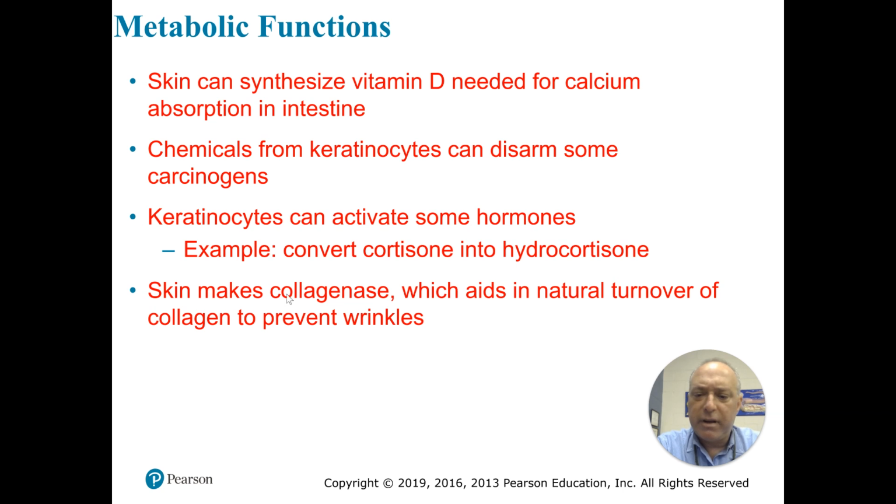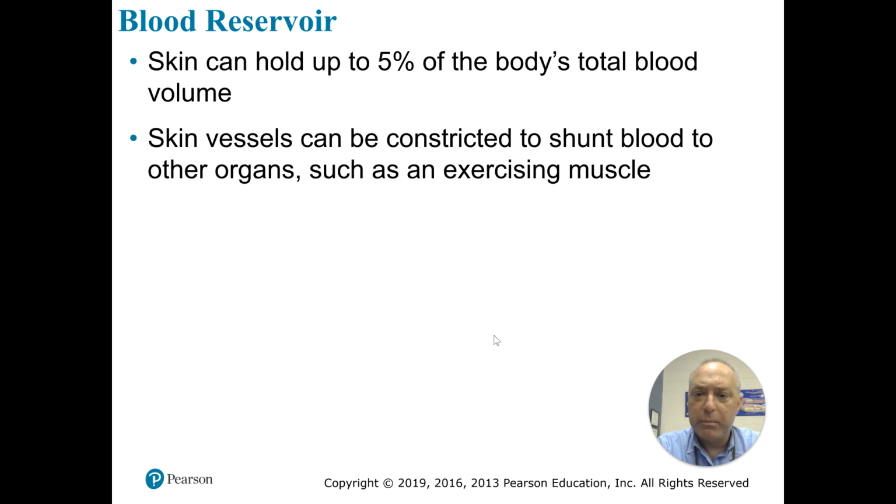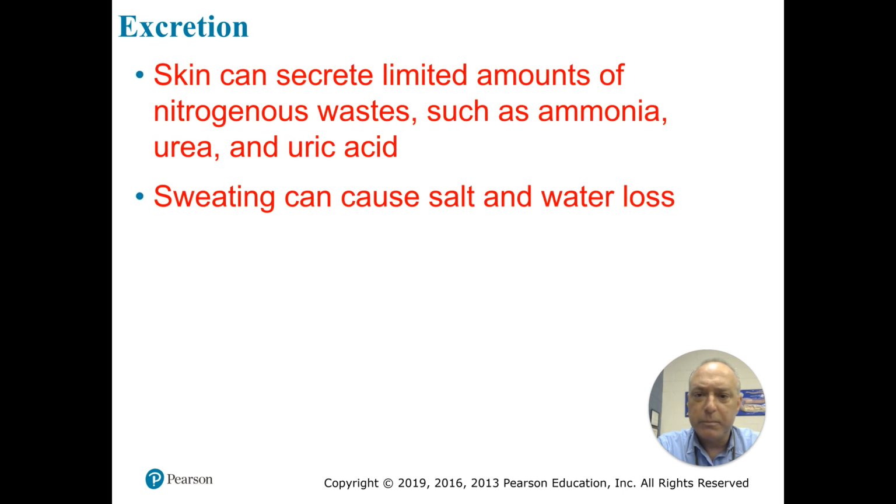There's also production of the enzyme collagenase, which breaks down collagen, helps turn over collagen to prevent wrinkles. So, as I indicated, skin can secrete urea, little bit amounts of uric acid and ammonia. And then sweating causes a loss of salt and water.